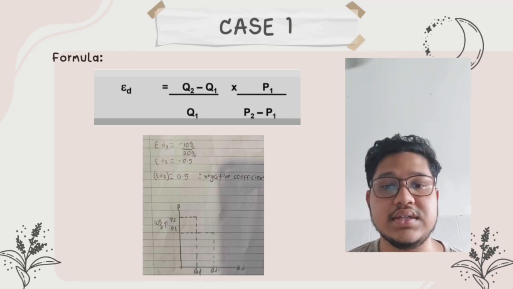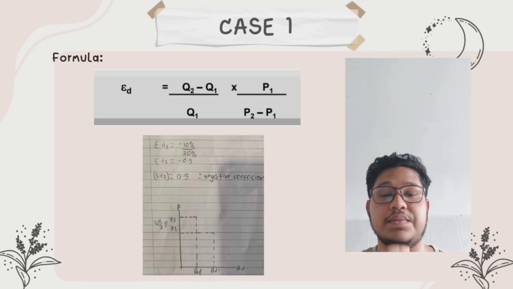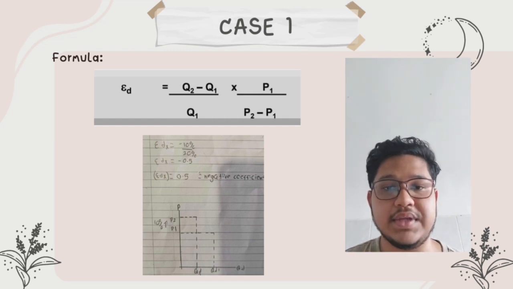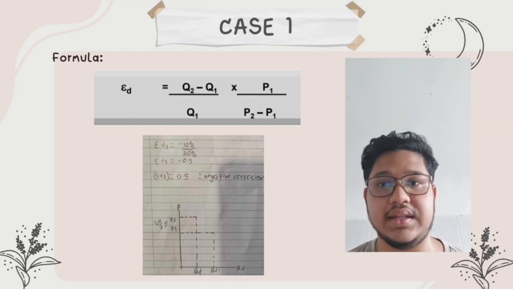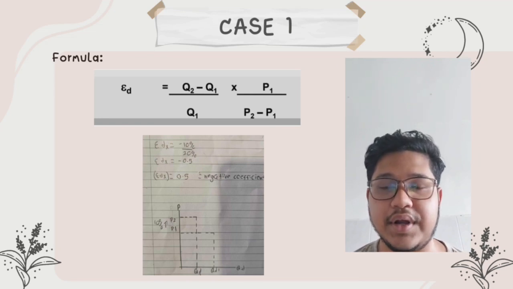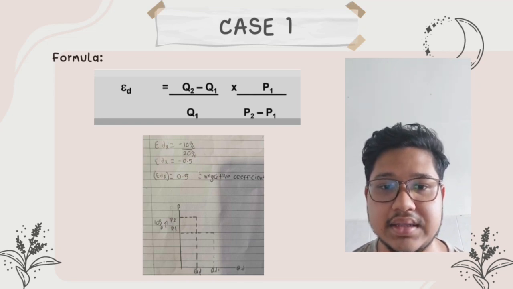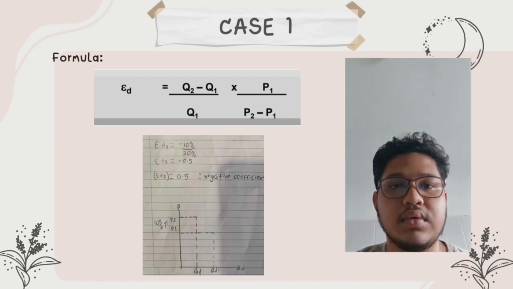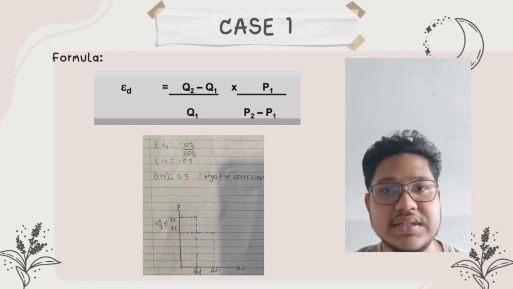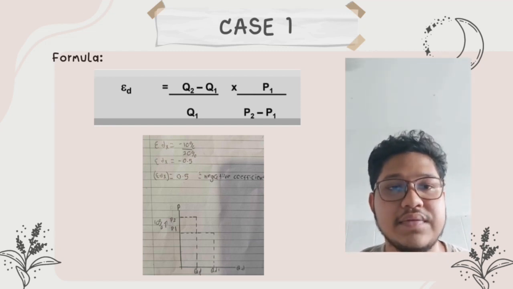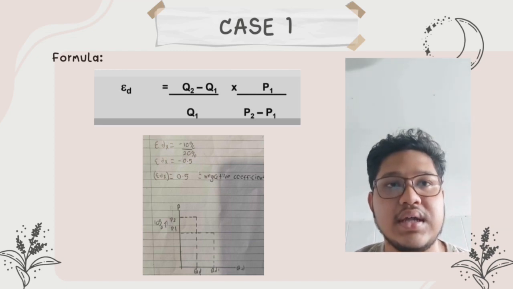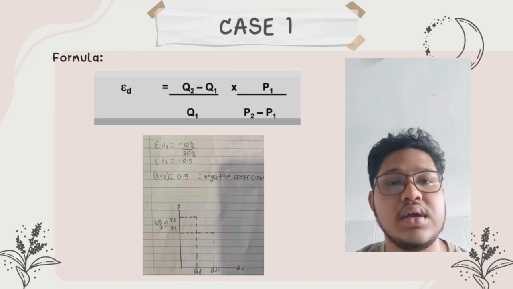The answer is product A will change the price, increase 20%, and the change of quantity demanded for product A is decreased by 10%. Okay, for the graph, it is inelastic because the value is less than 1.